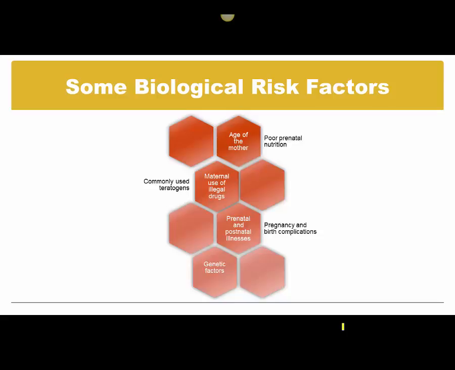These are some biological risk factors that may affect a baby's development. We already talked about some teratogens, and remember that's a drug or other substance capable of interfering with the development of a fetus, causing birth defects. Now we're going to talk about age of the mother.